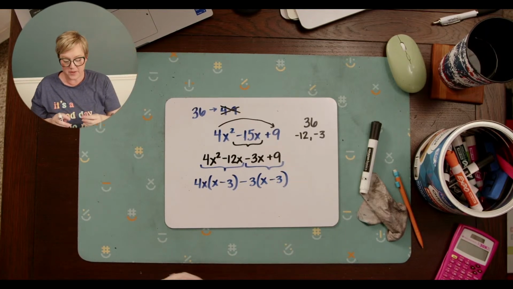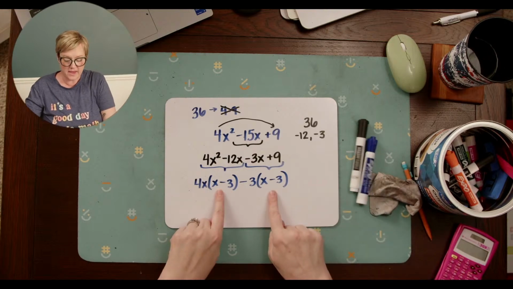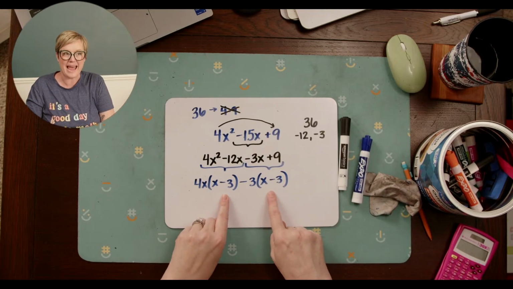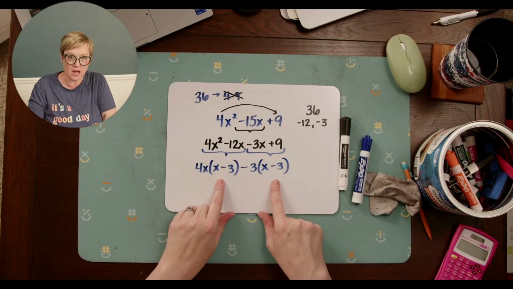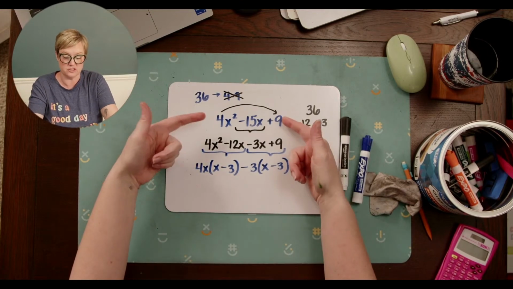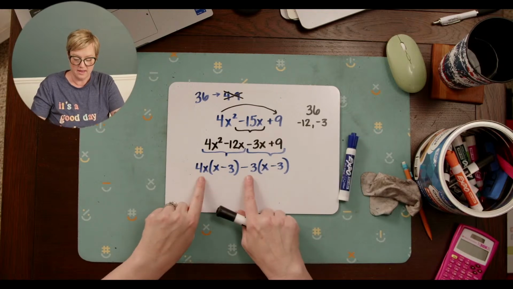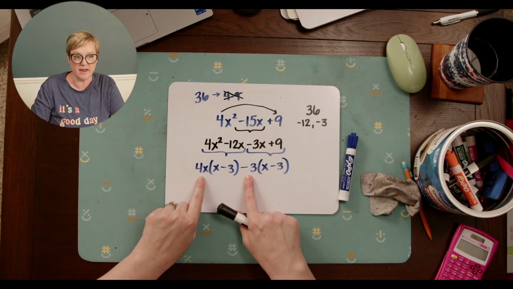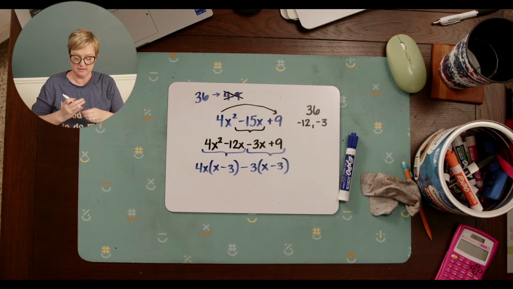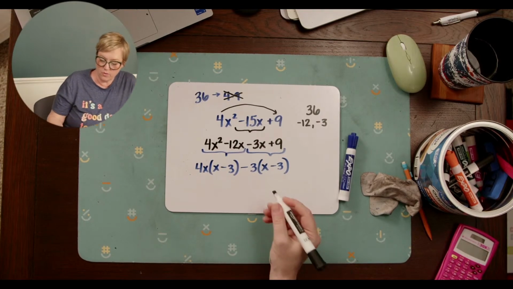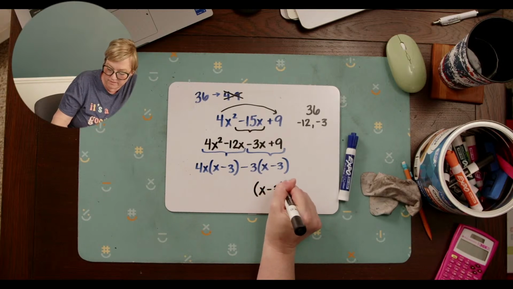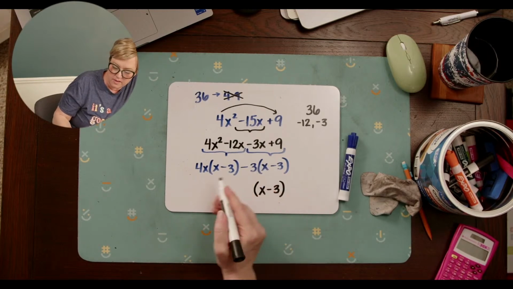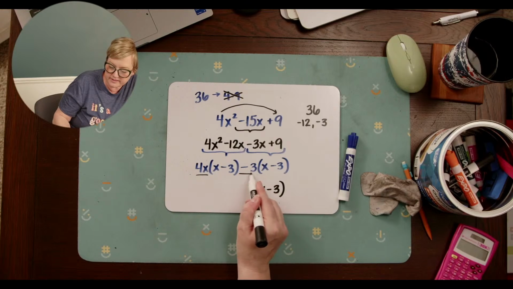A couple of things that I'm looking for: these two in the parentheses have to be the same, because that becomes one of your factors for this trinomial. And this 4x minus 3 becomes the rest of it. So we've got x minus 3 as one of the factors, and the other one is 4x minus 3.